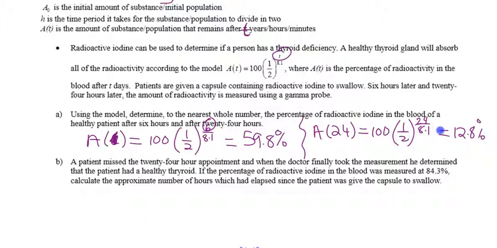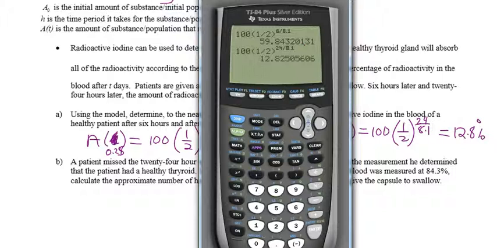After 6 hours, that's 0.25 days. Let's replace the 6 with a 0.25. We get 97.88, 97.9%.